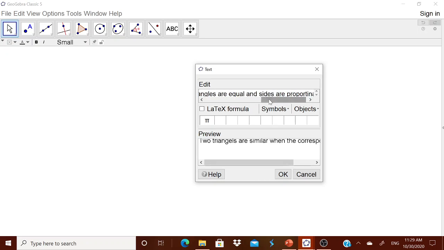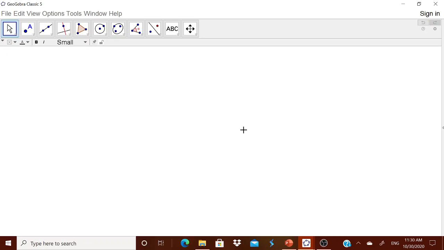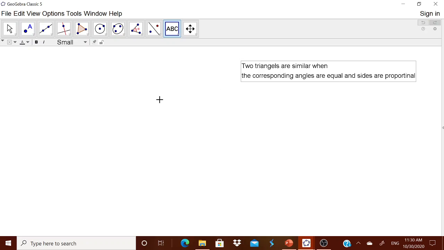Now already we have discussed that if you want to make it into 2 lines, then you just have to press enter, and automatically it will come over here as 2 lines. Okay. Now we first explain them what is a similar triangle. Then after that, we will tell them that these are the conditions for similar triangles.